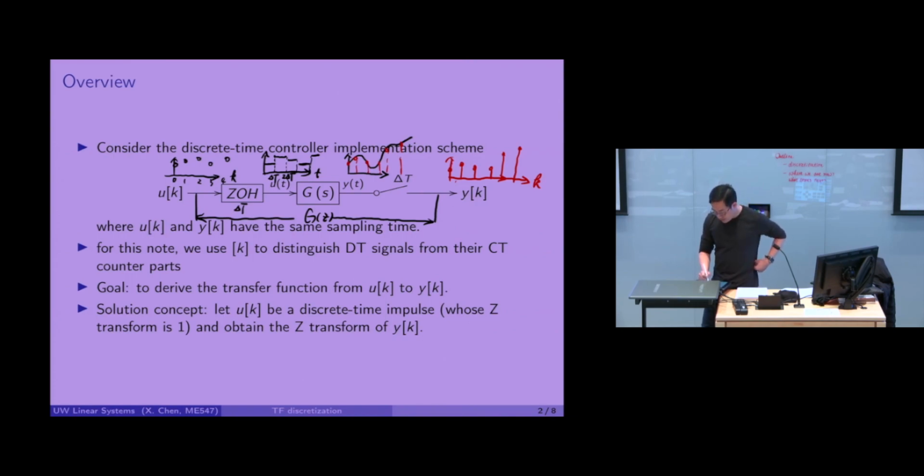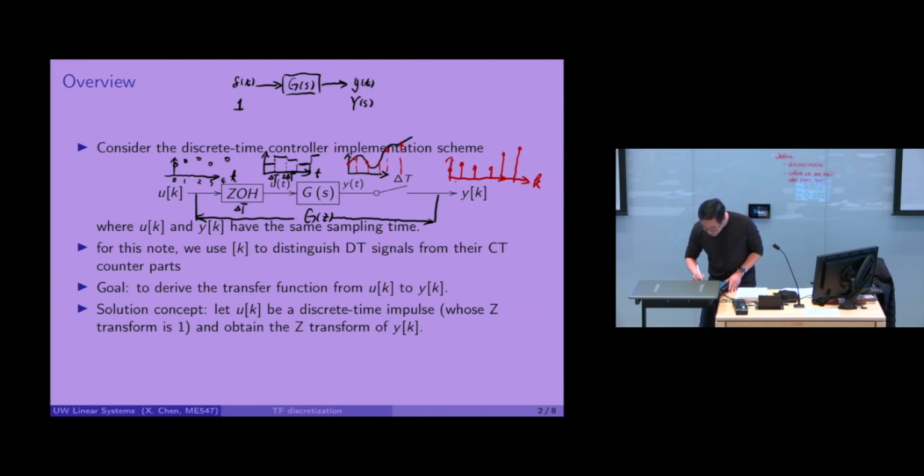Now, the step to obtain this is actually not difficult. Imagine if we have a continuous time transfer function. If we apply an impulse to this function and we obtain an output, in the Laplace domain, the impulse function has Laplace transform 1, and the output has Laplace transform y of s.